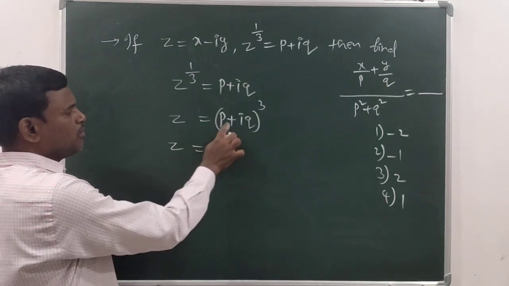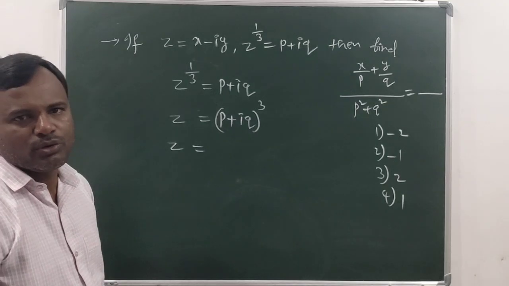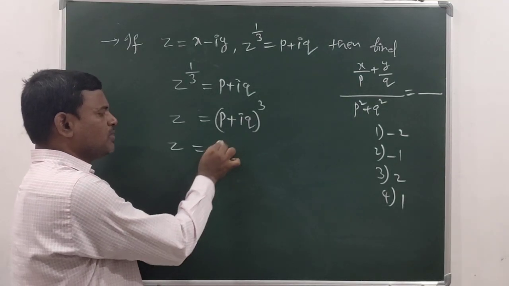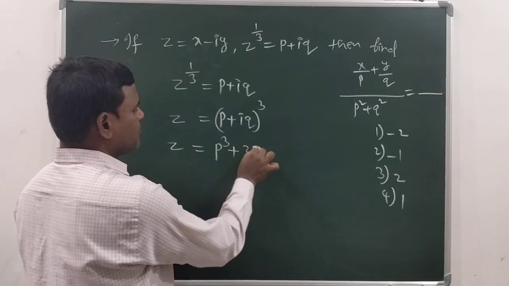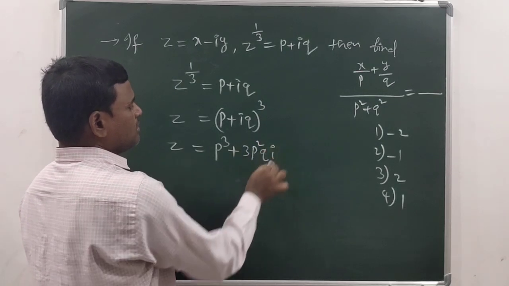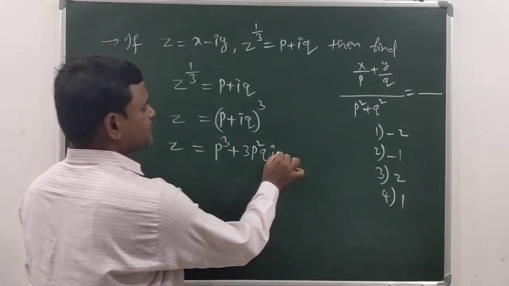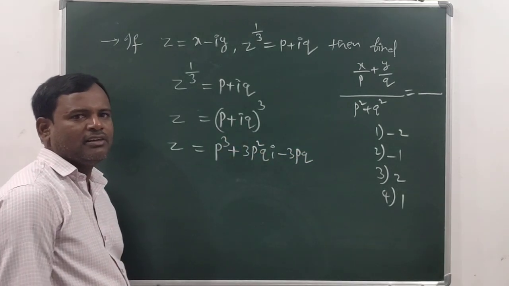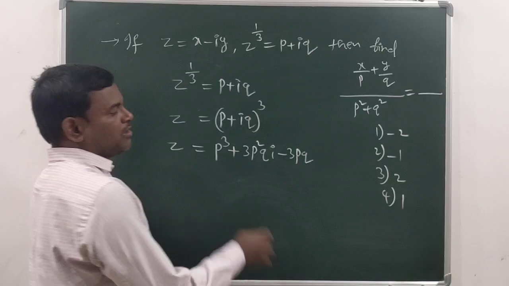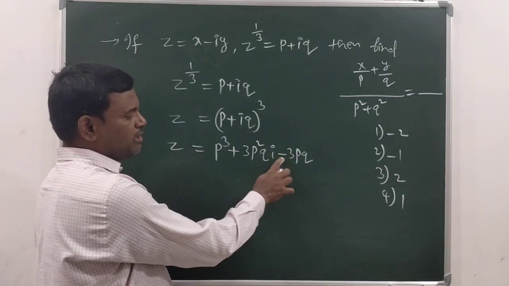Now it is looking like a plus b whole cube. A plus b whole cube formula: a cube plus 3a square b, 3ab square. So because i square becomes minus 1, here we get minus.